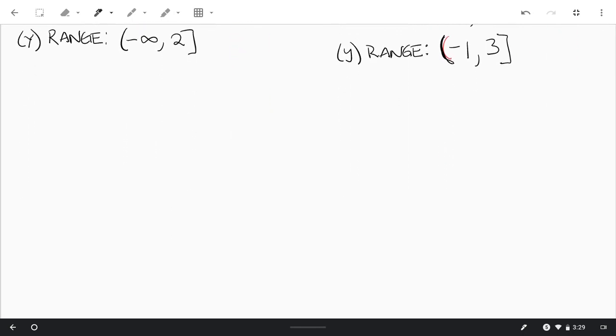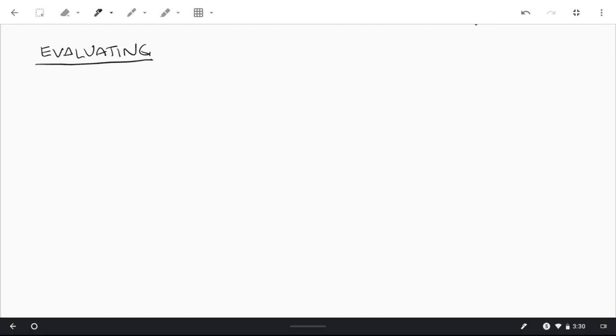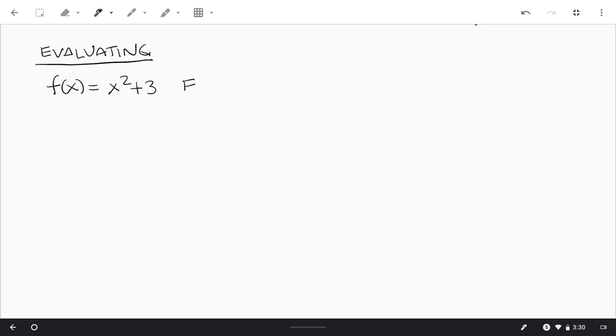let's take a look at evaluating functions. Okay, so suppose that I have a function, and suppose that function is defined to be this: f of x equals x squared plus 3. Okay, and suppose that you are asked to find these values. We're going to take a look at f of 2.